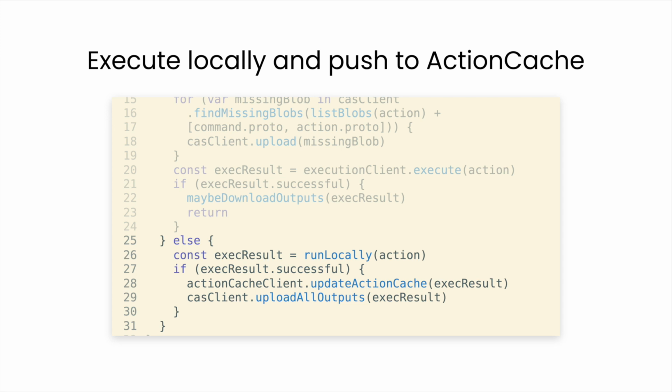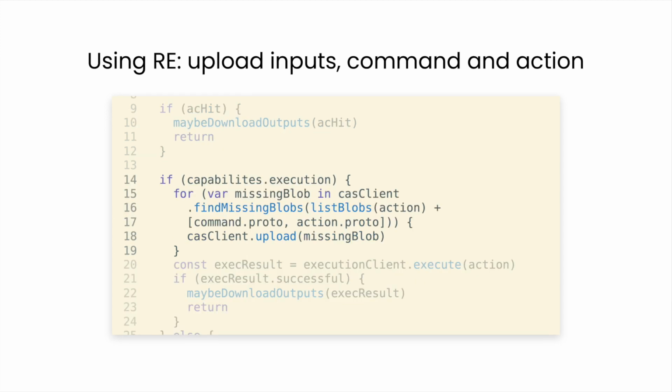But there are some invariants in here that become visible rather quickly. So in order to do this first step of finding the missing blobs and really even defining the action itself, you need to have pre-declared all the inputs and the outputs for an action, right? And this is not an invariant that most build systems have, right? Bazel has it, Buck has it, some have it, but not every build system has it.